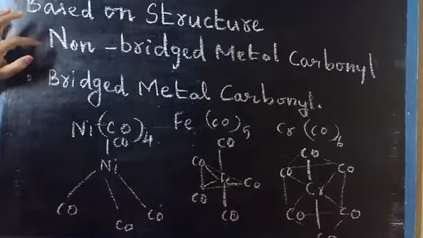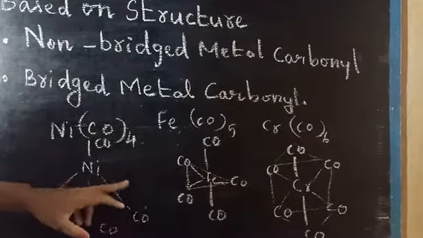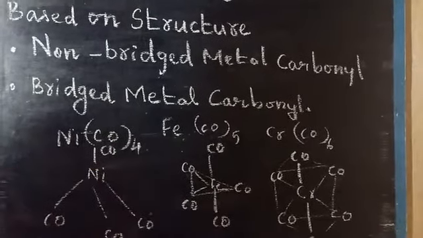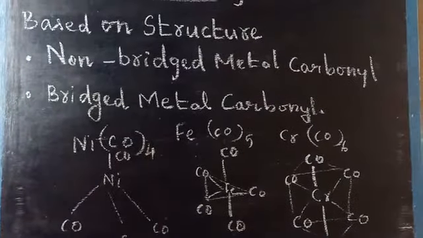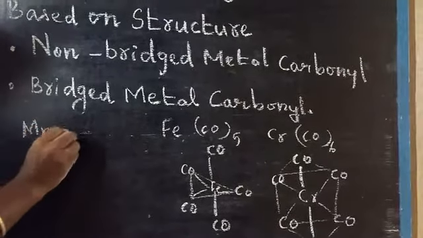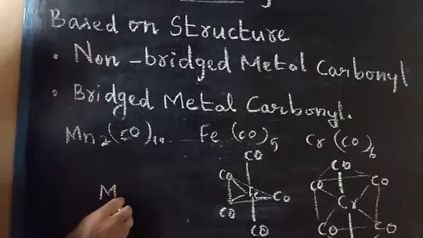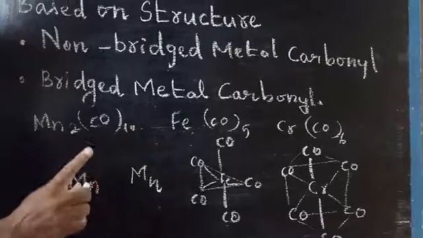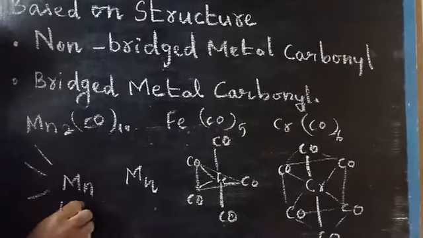Okay, so in non-bridged metal carbonyl, terminal carbonyls as well as a metal-metal bond are possible. See this example, Mn2(CO)10. Mn is the transition metal with CO ten times, five on each metal.